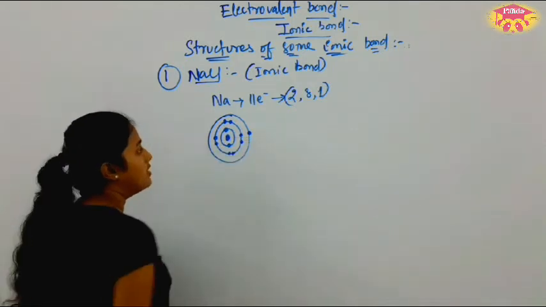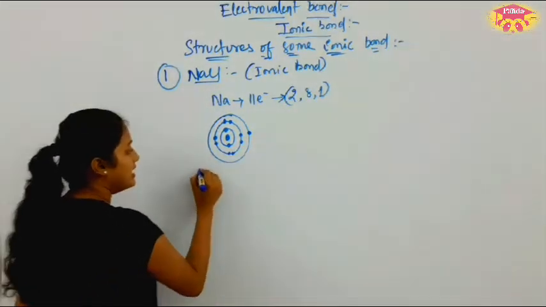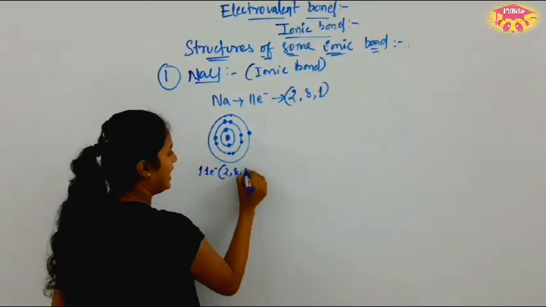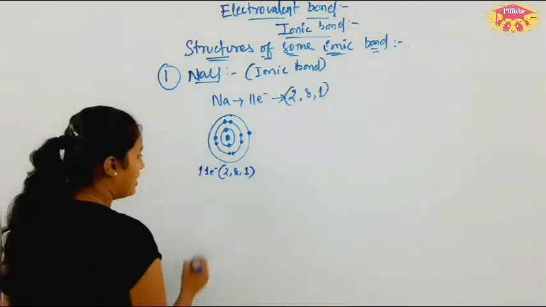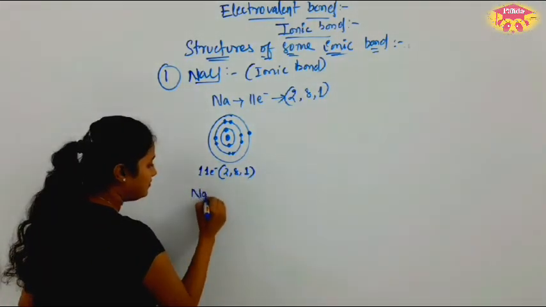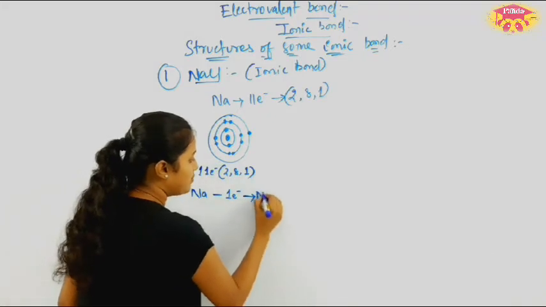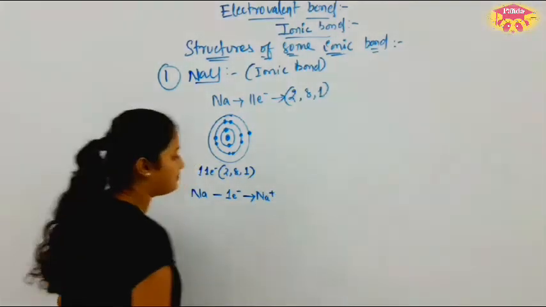So the sodium atom contains 11 electrons, that is 2, 8 and 1. Now the sodium atom loses 1 electron to form sodium ion.